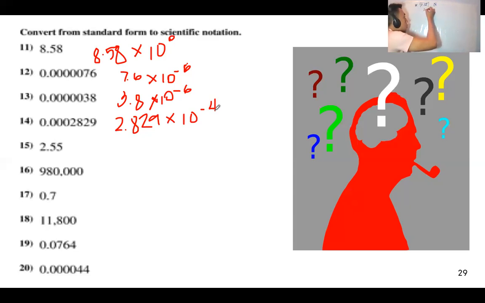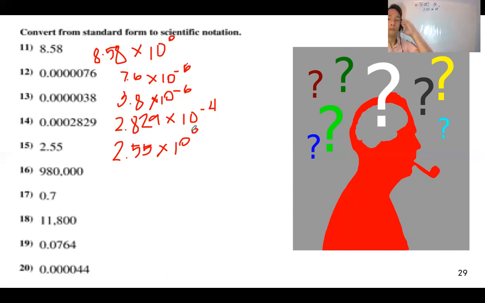So still 2.55 multiplied by 10. Nag-move ba tayo ng decimal? No, so I will put 0. So our number 15 is 2.55 multiplied by 10 raised to 0. Okay.